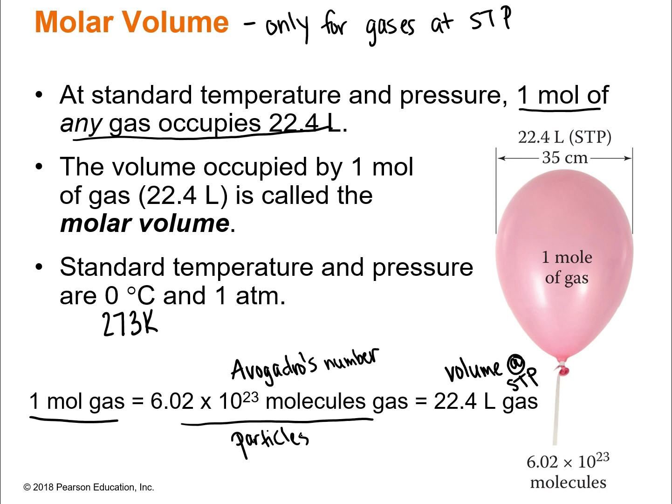So it could be oxygen gas, fluorine gas, carbon dioxide, whatever. If you took those 6.02 times 10 to the 23rd molecules and you measured the volume that they took up at STP, the volume of that gas would be 22.4 liters.